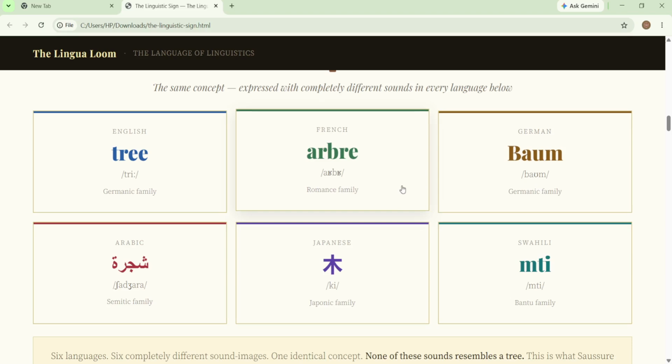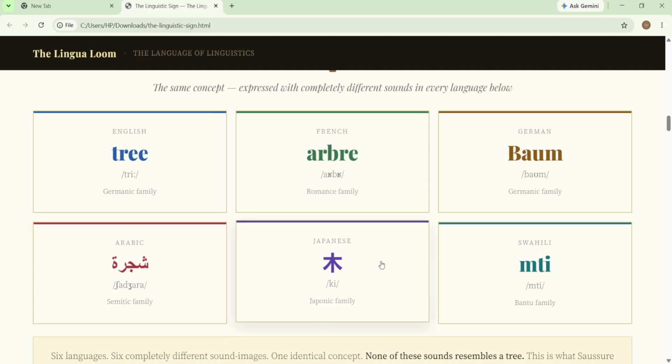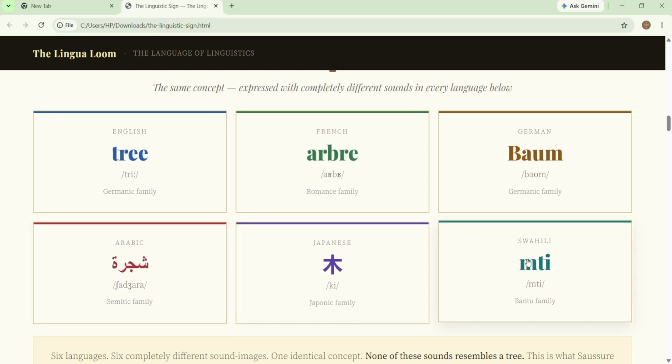And then French, a Romance language, is different, but it also refers to tree, whereas Arabic is a Semitic language, it also means and points to tree, although the term used is different. Japanese, a Japonic language, Swahili, which is the Bantu family, but still they all point to tree despite the different use of words.